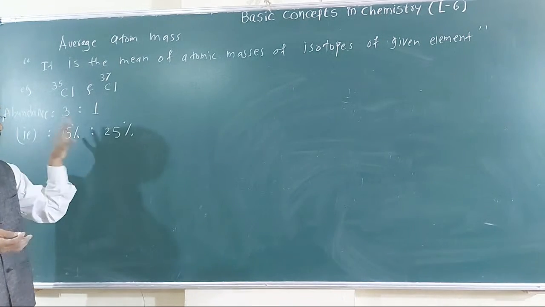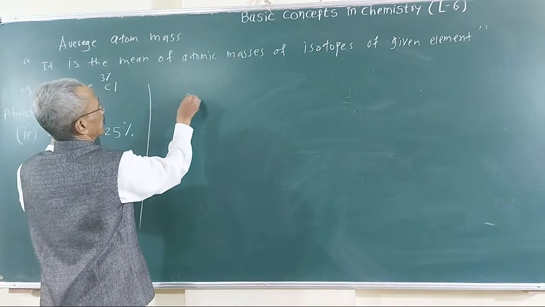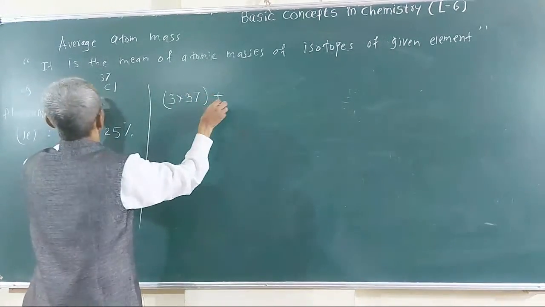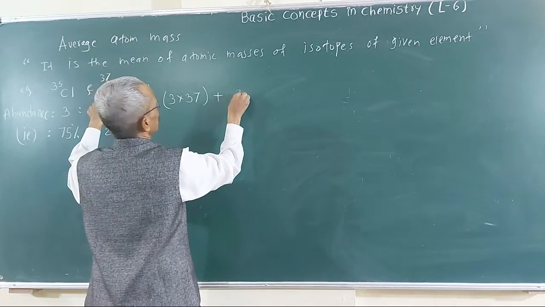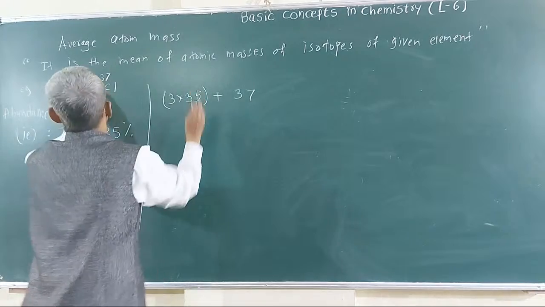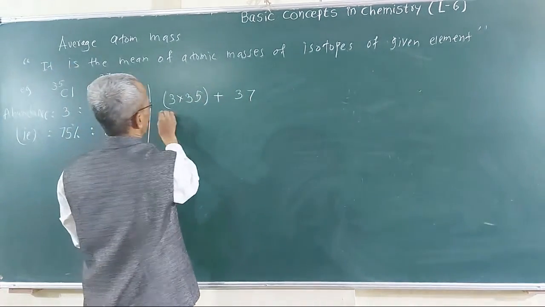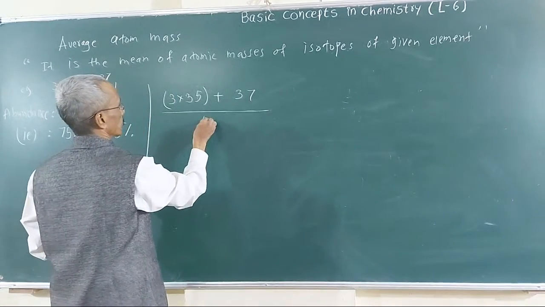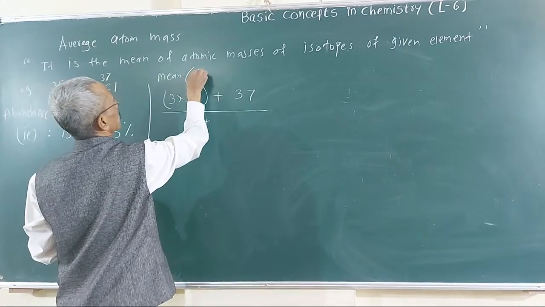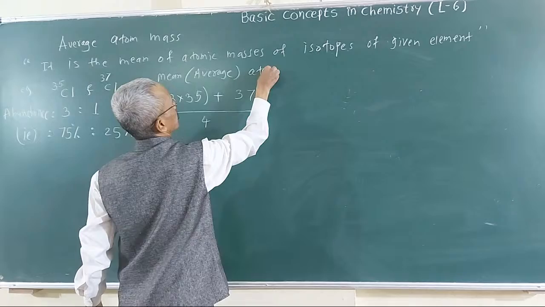So in this ratio, we have to take the mean. Consider this: 35 into 3 plus 37 into 1 part, divided by 4, gives the mean or average atomic mass.